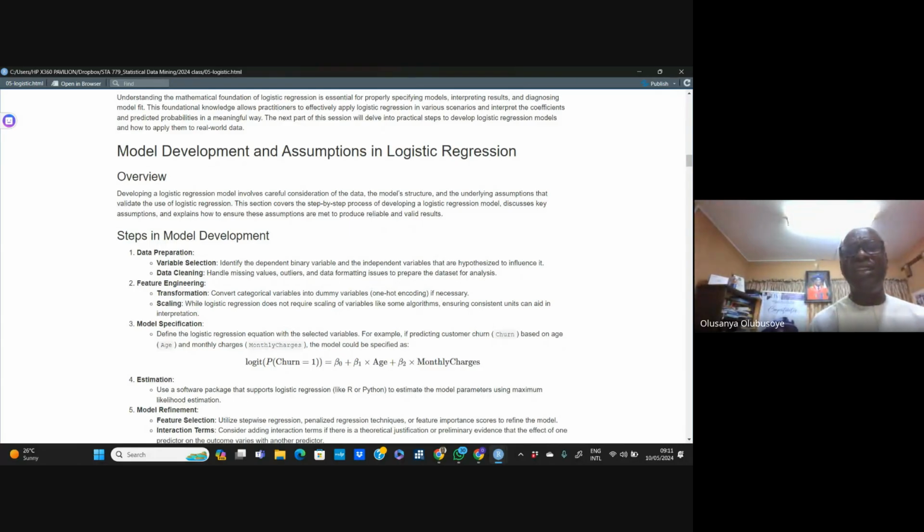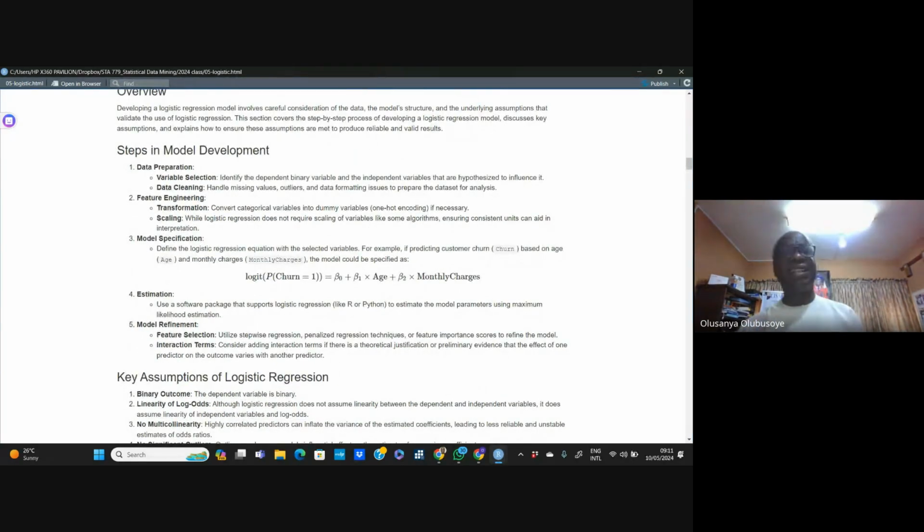Then what is the procedure for developing the model, and what are the underlying assumptions? So the starting point, if you are going to use logistic regression, is to prepare your data. As usual, you have variable selection. What variable will be my dependent variable? What variable will be my independent variable?